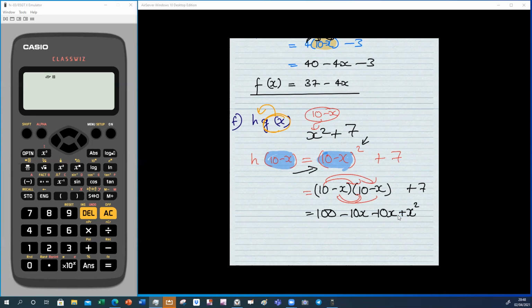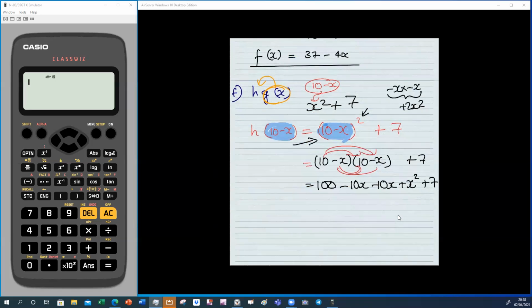Are we happy with that? Yeah. Are you sure? All right, now simplify that for me finally. 100 minus 20x plus x squared plus 7. Well, we need to really add the 7 onto this, isn't it?